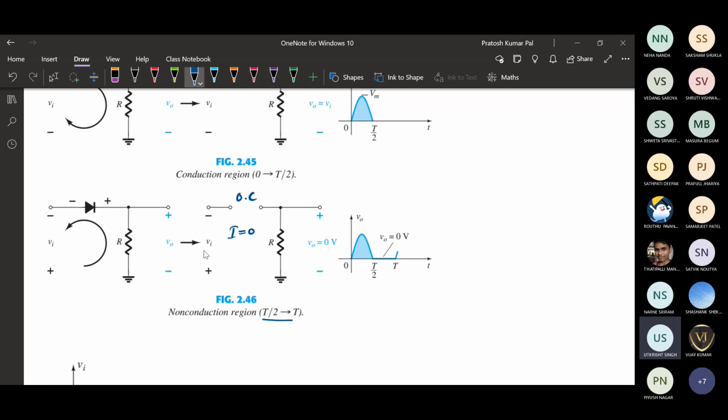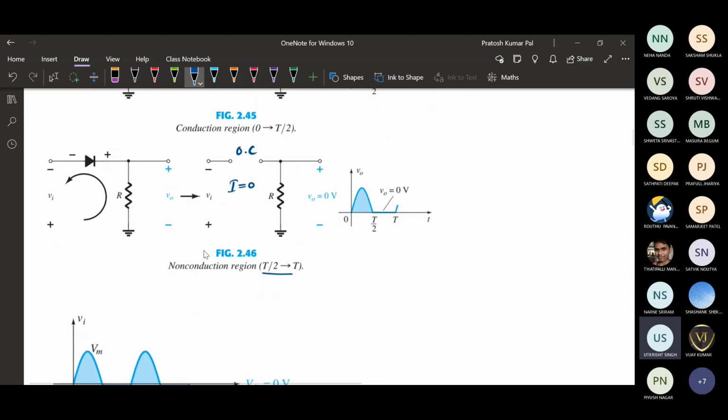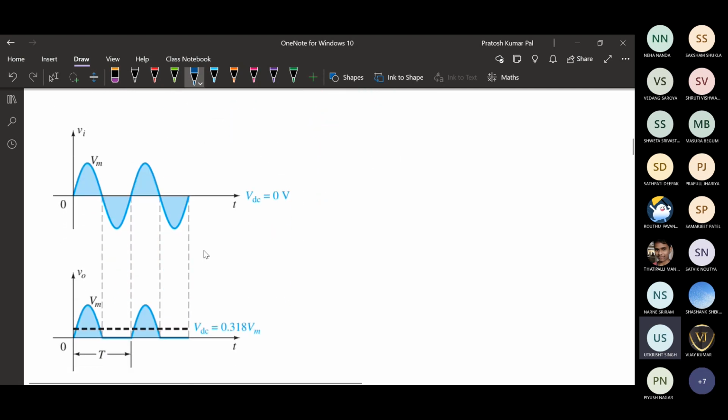So for the next T by 2 to T time period, the output that we will be getting is zero. Okay, so for the positive half, it will be conducting and will have some current, so there will be the same waveform as the input we have applied, and in the next half cycle it will have a zero waveform.